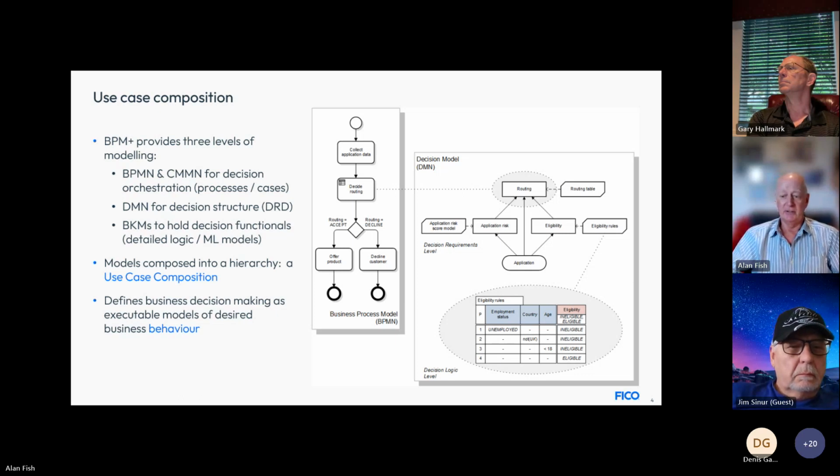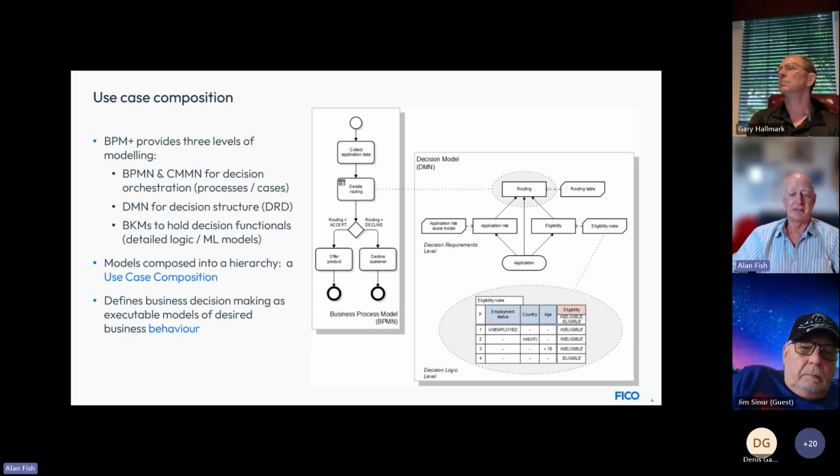So these 3 levels of model put together are a composition in computational terms. It's typically a hierarchy where you've got an orchestration calling one or more decision services, which each call a number of functionals. Now, the word solution is often used, but it's an overloaded term. So throughout this talk, I'm going to talk about use case compositions.